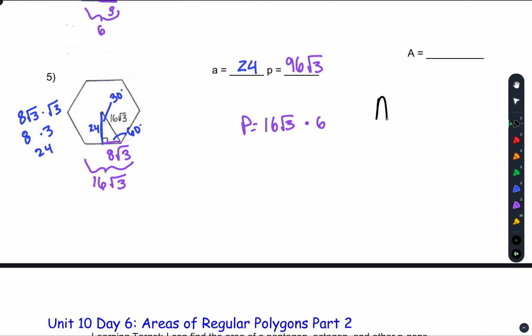And then my area, 1/2 apothem times perimeter. Plug it all into your calculator. I got a big number, 1,995.3 units squared. Any questions on that? Make sure you filled in your little blue sheet. You should be able to fill in number 6 now that we know that formula.